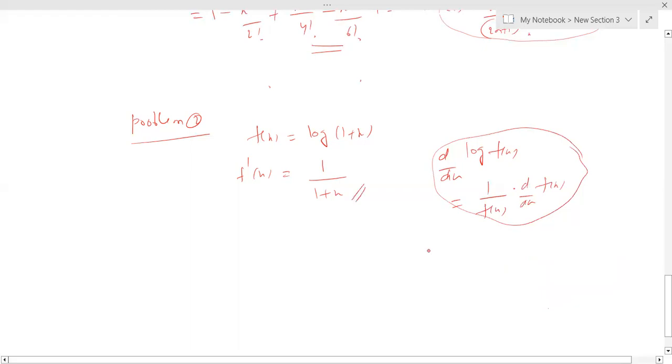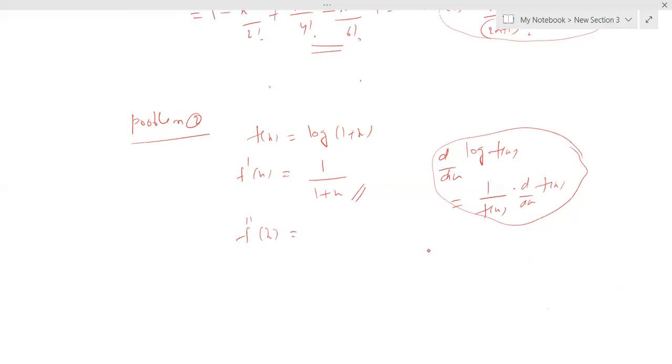Next derivative. Because in our problem we have 3 terms, up to x cube. The first term is x into f dash 0, because we apply the Maclaurin series. The next term is x square by 2 factorial into f double dash. So that's why we require this term also.